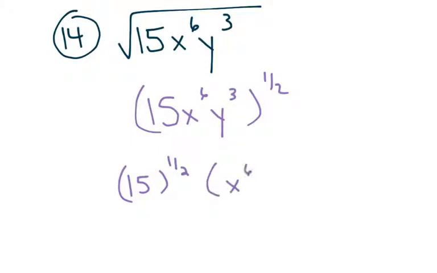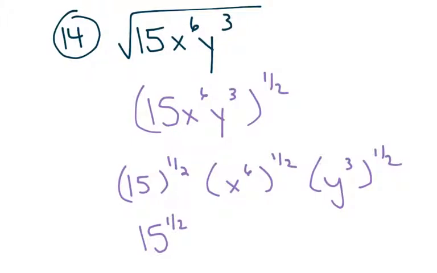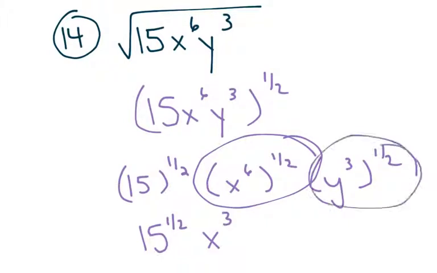I'm going to raise the x to the 6th to the 1/2 power. And I'm going to raise the y to the 3rd to the 1/2 power. I can't do anything to the 15 to the 1/2 power without getting a decimal. But when I simplify this, remember, you're multiplying the exponents together. What is 6 times 1/2? Well, it's 3. And then here, what is 3 times 1/2? It's 3/2 or 1.5.